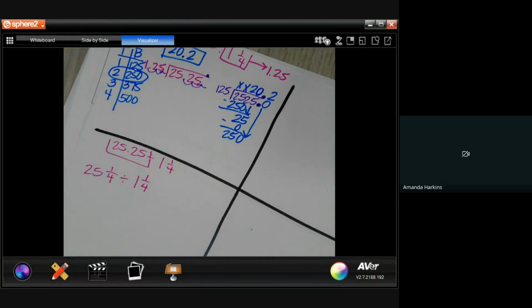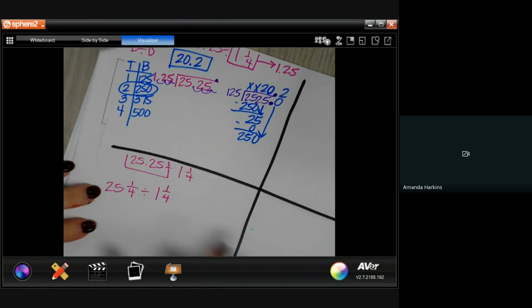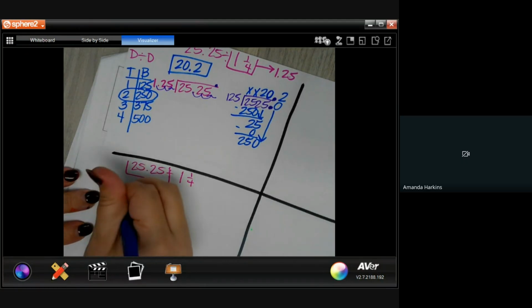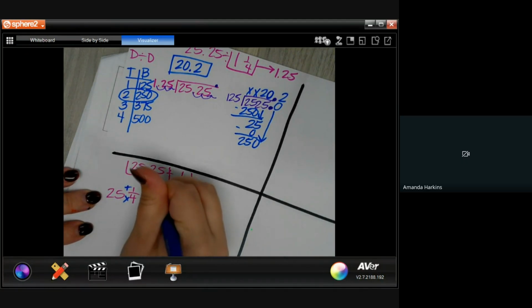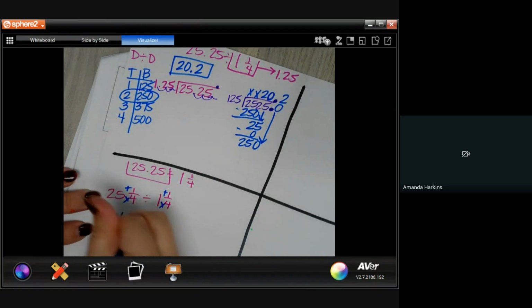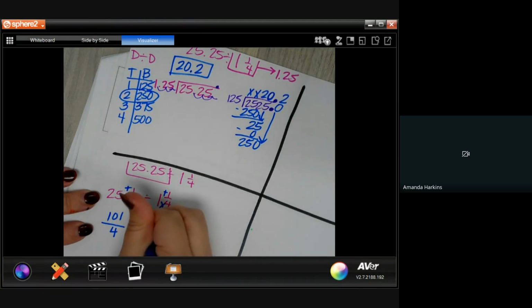First thing we can do is we're going to take our mixed numbers and convert them to improper fractions. So we multiply the bottoms and add the tops. So 25 times 4 is 100, plus 1 is 101. Divided by 4 times 1 is 4, plus 1 is 5.